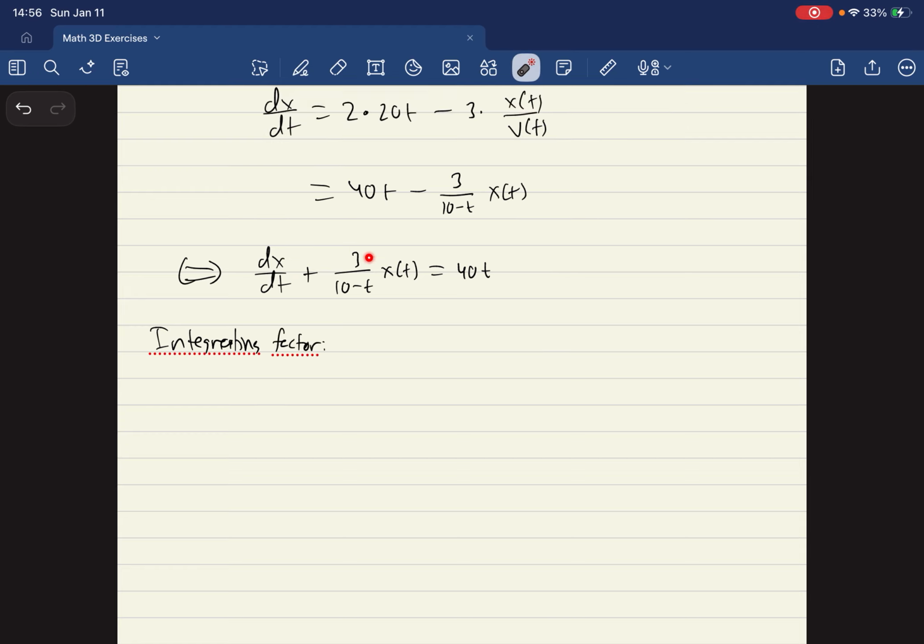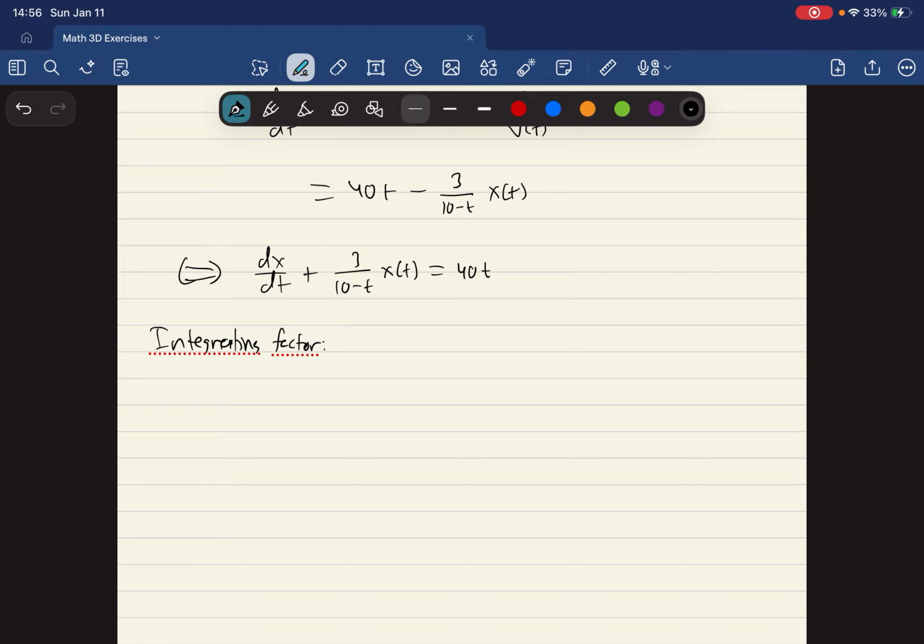And we need to look at the coefficient function in front of the x of t. And we're going to take its exponential, e to the integral. We're going to take the exponential of the integral of that coefficient. So e to the integral of that coefficient function.